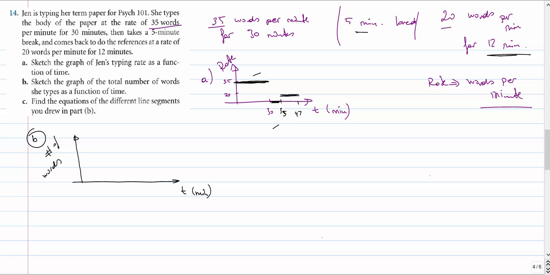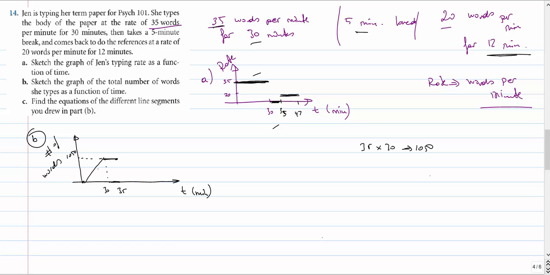I start with 0 time and typing nothing, and 35 times 30 gives you 1050. So it goes all the way up to 1050 here, at time 30 minutes. Then the 5-minute break: no typing, no words.